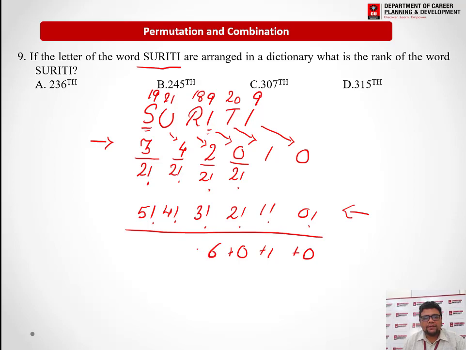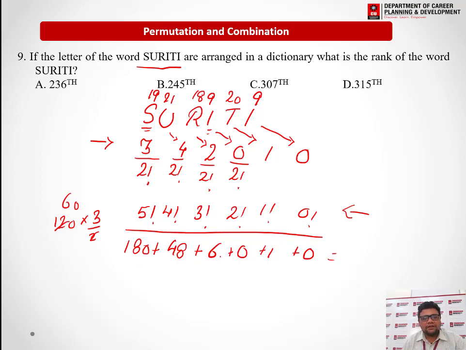So 3 factorial will be 6, plus 4 divided by 2 factorial, it will be 2. 2 into 4 factorial, that is 24. So 2 into 24 is 48, and plus 5 factorial is 120. Multiply this by 3 divided by 2. If we cancel this out, it will be 60. So it will be 180.